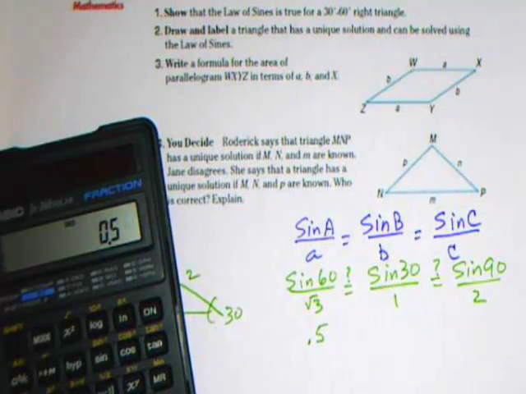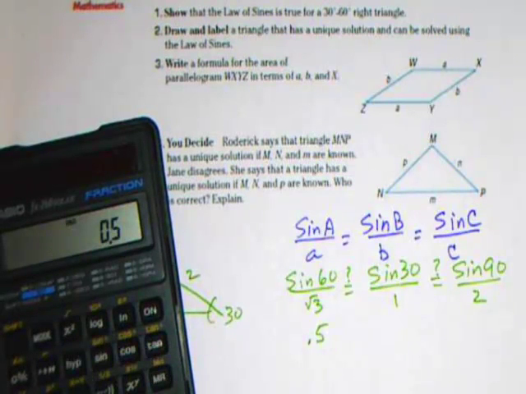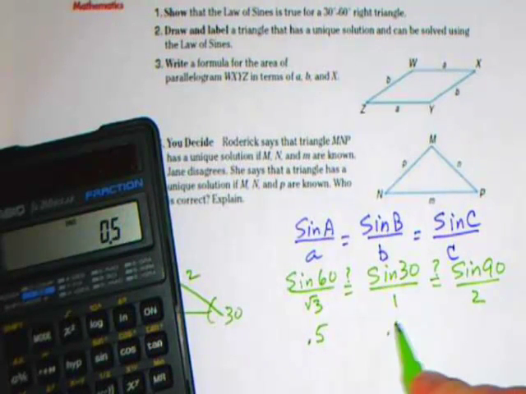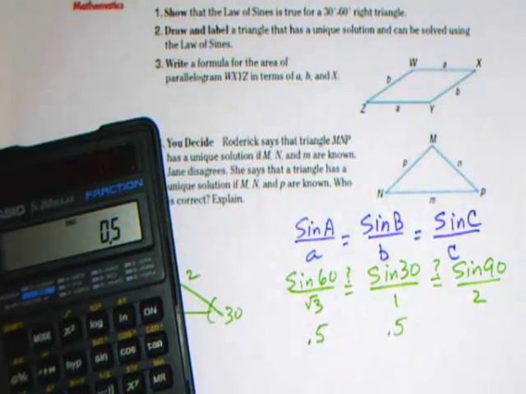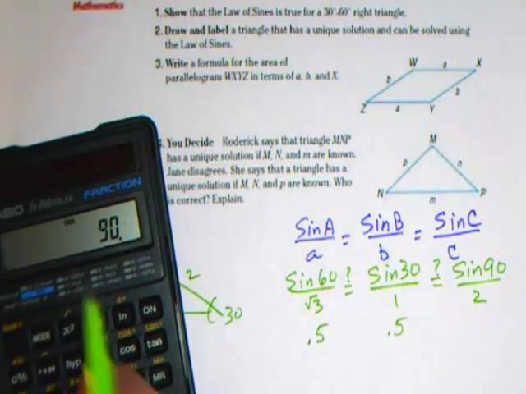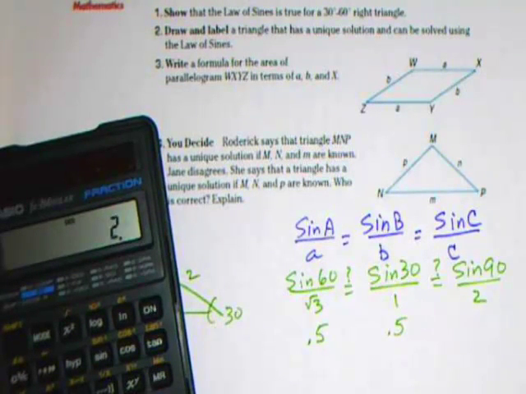If I do the sine of 30 divided by 1, I get 0.5. If I do the sine of 90 divided by 2, I get 0.5.